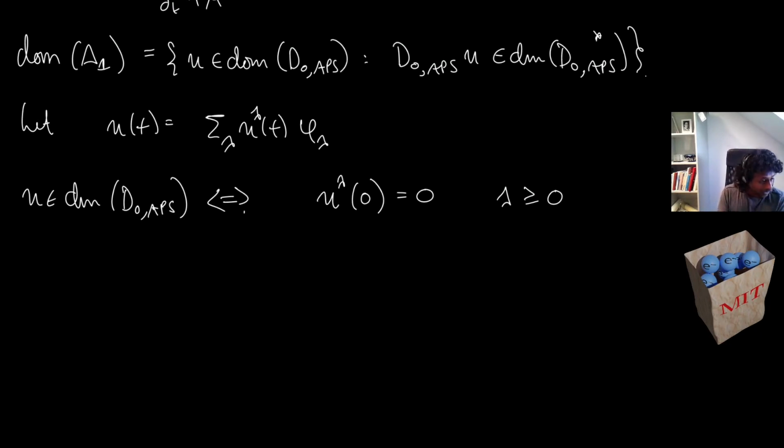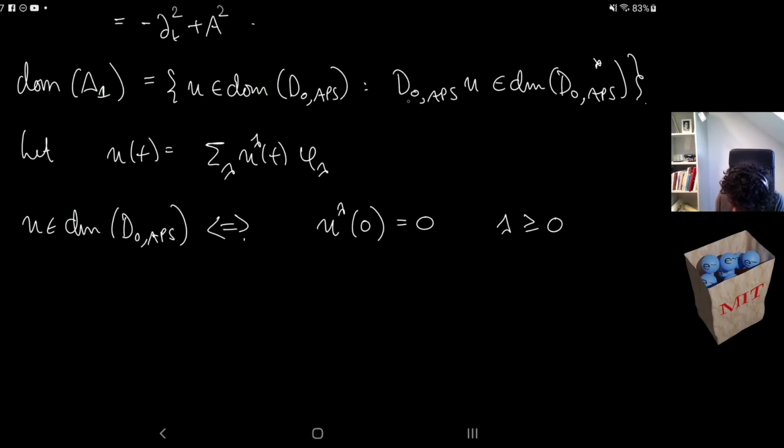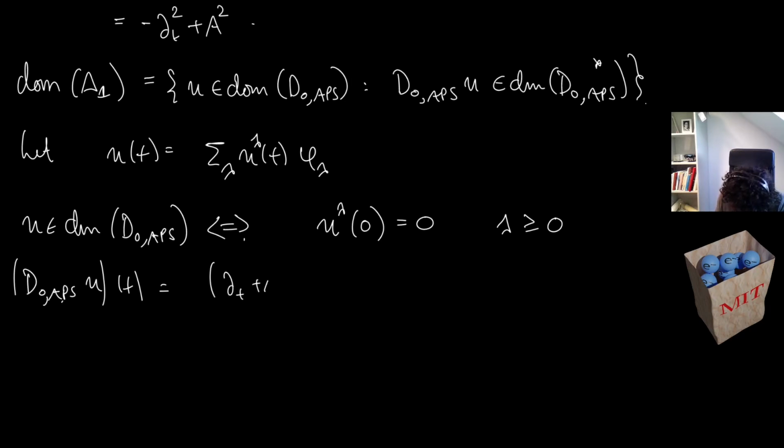And now let's consider the action of this. We also want to consider what it means for d naught APS of u to be in the domain of the adjoint, right? So d naught APS u, in terms of this basis, is equal to partial t plus a acting on the sum of u lambda phi lambda, with a t here, of course.